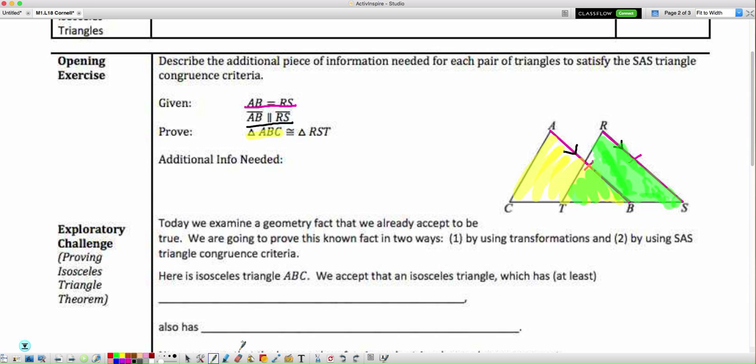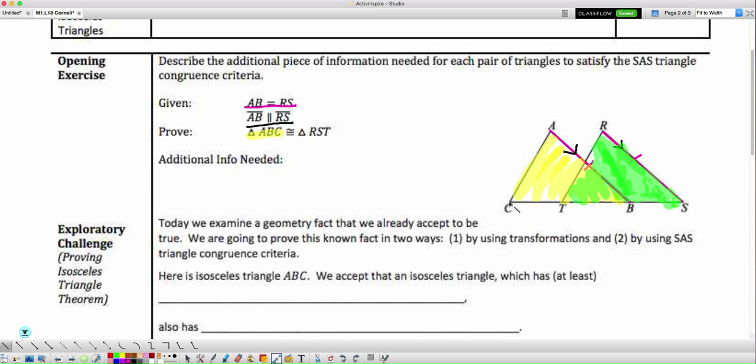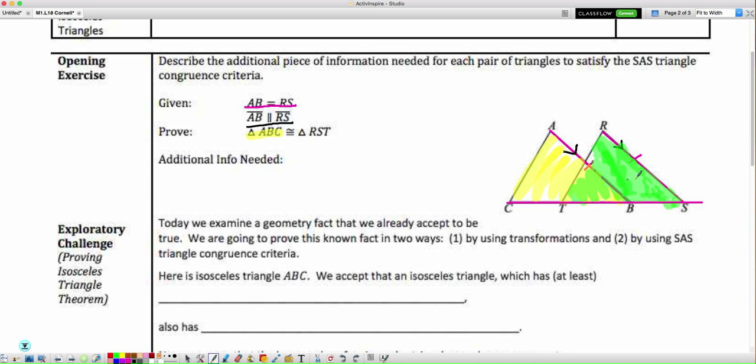The fact that these are parallel means that, if I think back on parallel lines and transversals, these two parallel lines have a transversal cutting through them, and that transversal is this segment here, from C to S. If I look at CS as my transversal, I can easily identify that this angle formed with the parallel line and the transversal is congruent to this other angle here, because those are corresponding angles.